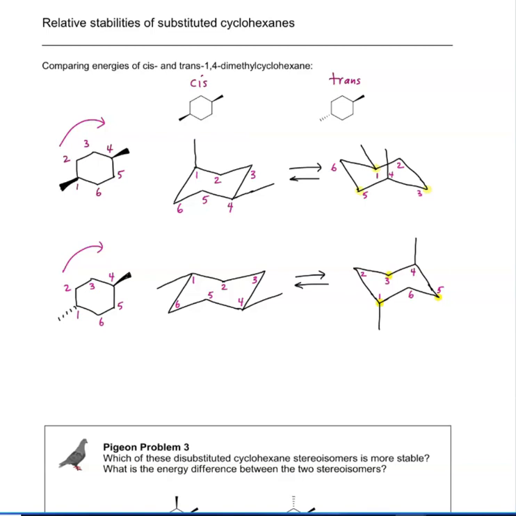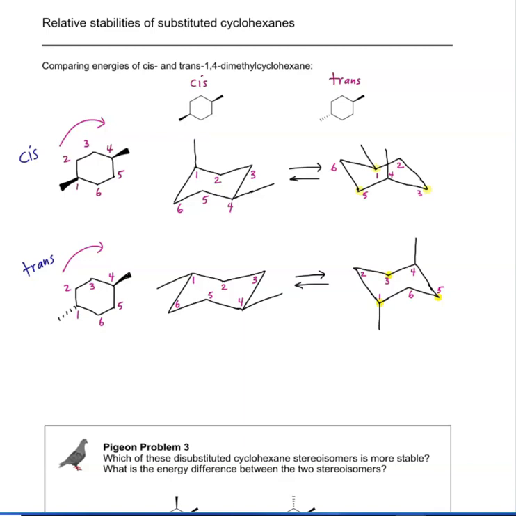So now what we're going to do is assess the gauche-butane interactions. This is where we would want to look for those patterns that we went over, the 3 patterns. So let's start with this first chair, the first chair in the cis compound, or the cis isomer. We have an axial up methyl at carbon 1.